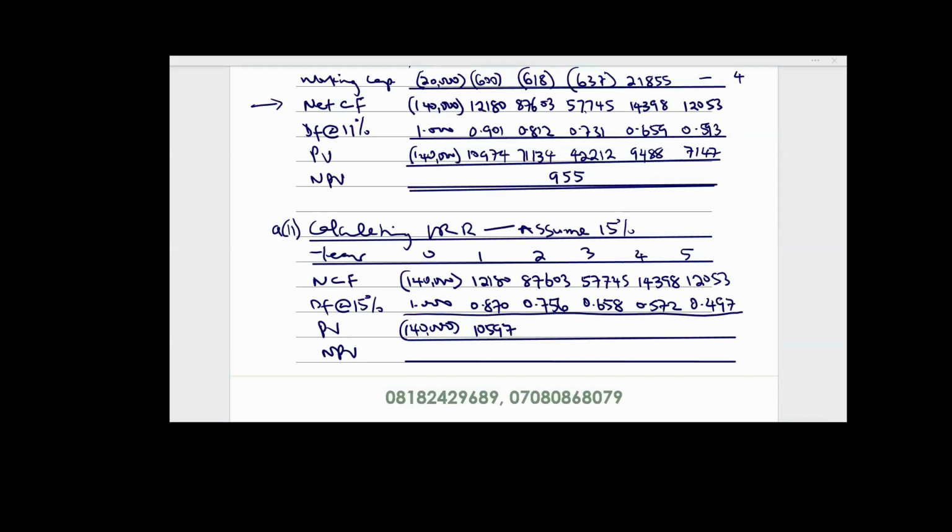Year 3, 37,996. Year 2, 62,279. Year 4, 8,236. Year 5, 5,990. So add up the positive present values minus 140,000.